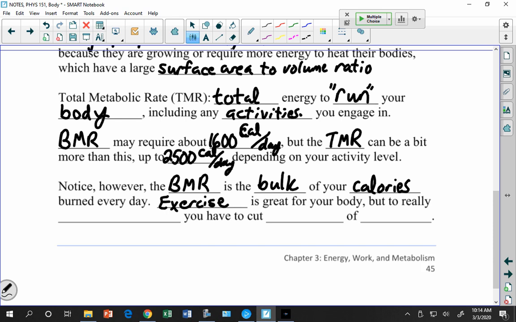But to really manage weight, you have to cut consumption of calories. And that's hard, right? We have these habits that we're in, and our body needs food, and it's very difficult to do that.